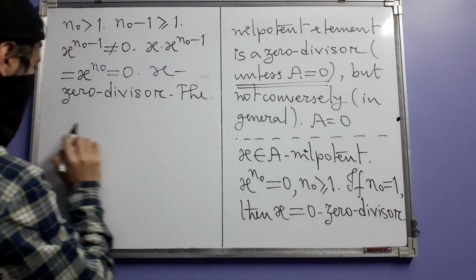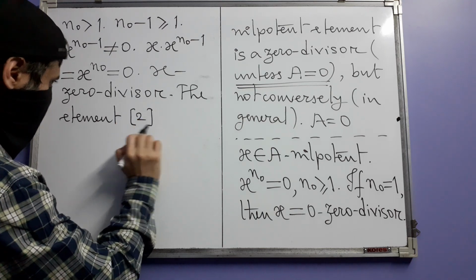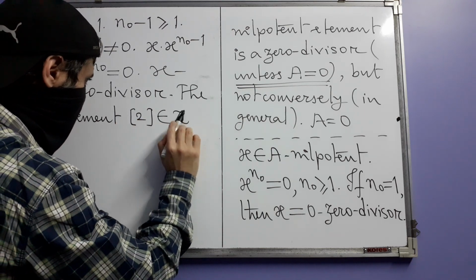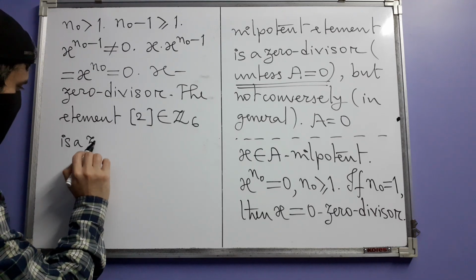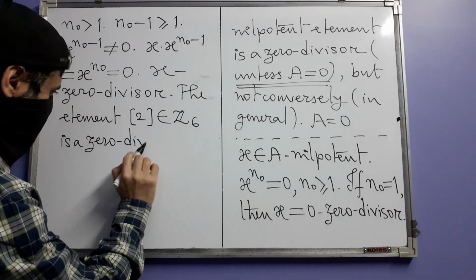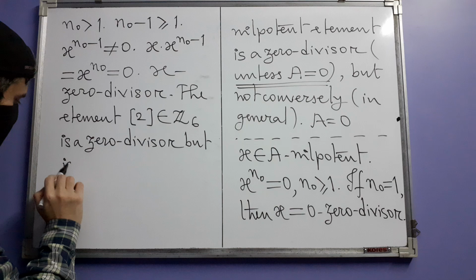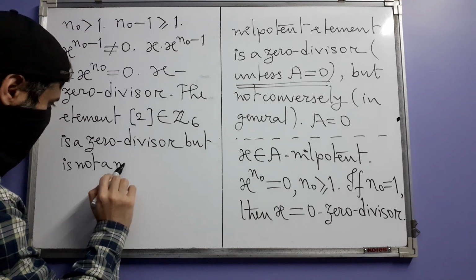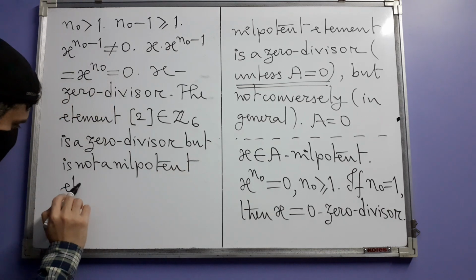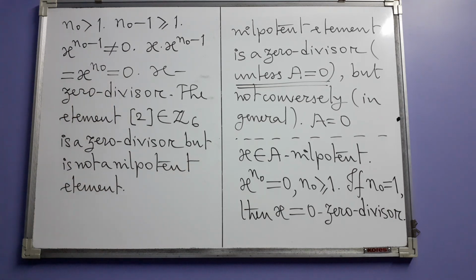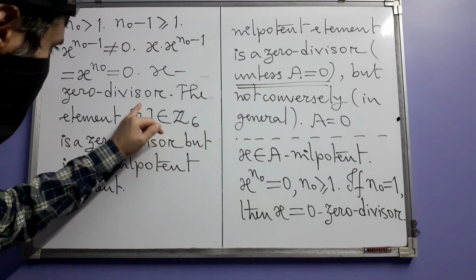The element 2, this, in the ring of integers modulus 6 is a zero-divisor, but is not a nilpotent element. I am using Herstein's notation, okay, you do understand what this symbol means.